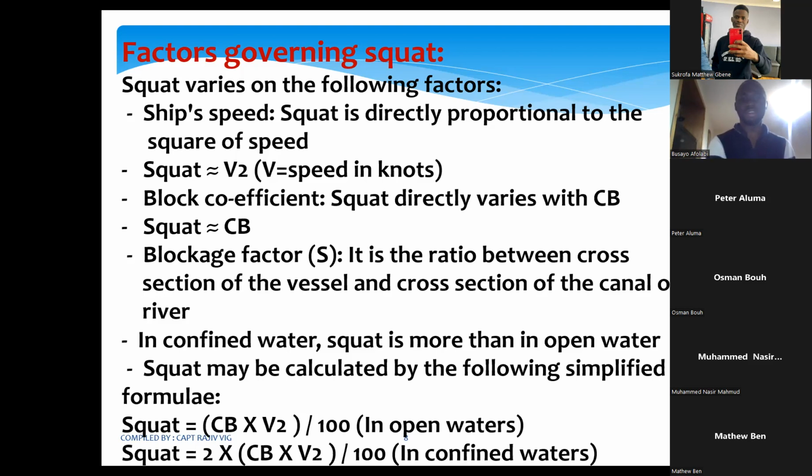And that is why the squat is proportional to block coefficient times velocity squared, where velocity is the speed in knots, over 100, to get the effect on the squat. So the block coefficient, or the construction of the bow, really helps us a lot, especially when you are going at 10 knots in shallow water.